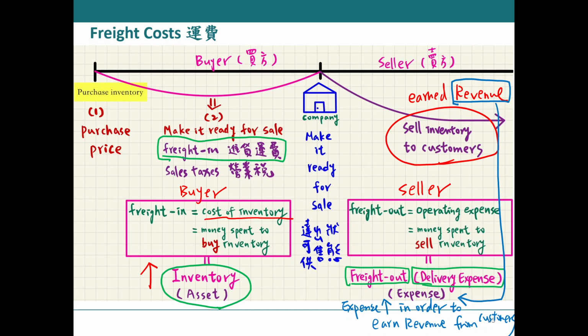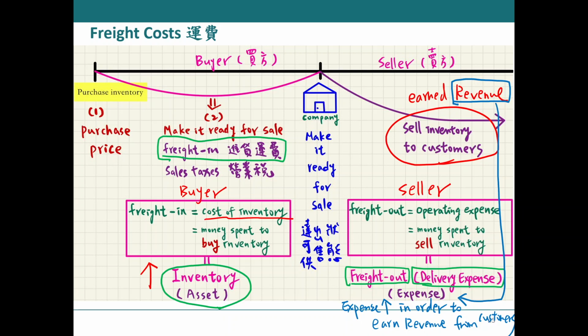Drew, what happened? So confused. Why? The buyer pays the delivery fee. That's your inventory, your asset. Another point, what's the definition of an asset? What you own, and it will provide future economic benefit, right? You pay the delivery fee, but the money you paid will help you get future economic benefit.